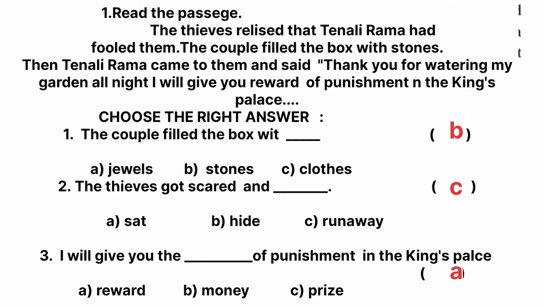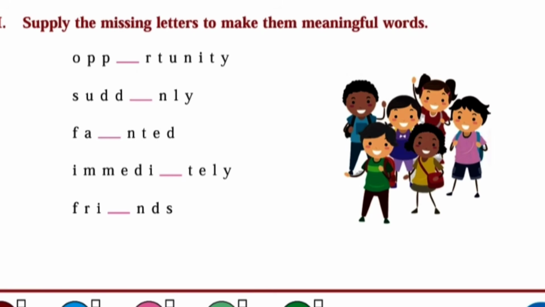The thieves got scared and ran away. C. Third one, I will give you the dash of punishment in the king's. Next one, supply the missing letters to make them meaningful words. Opportunity. O. Suddenly. E. Fainted. I. Immediately. A. Friends. I.